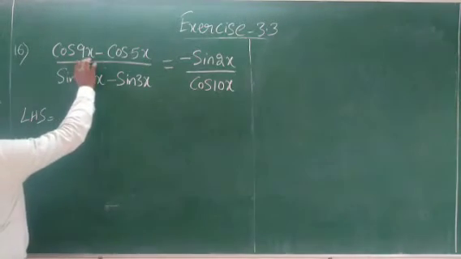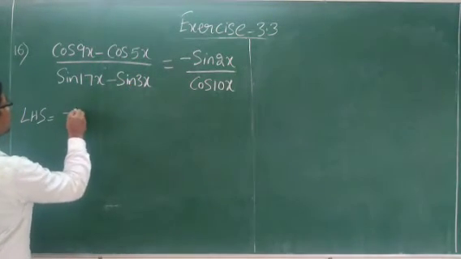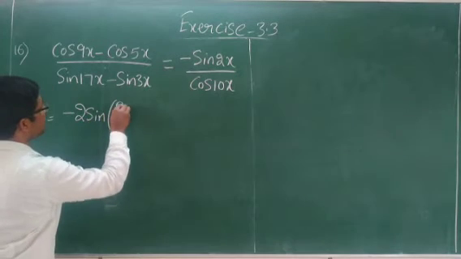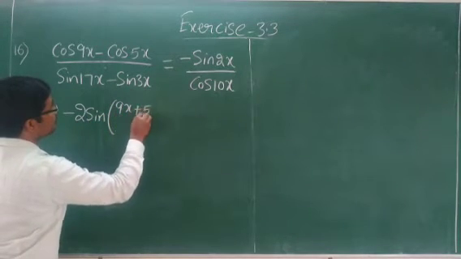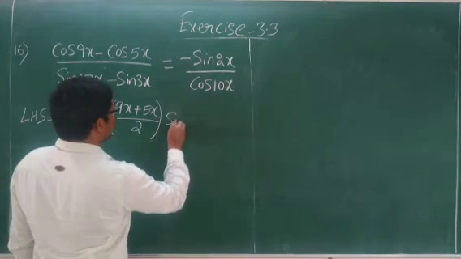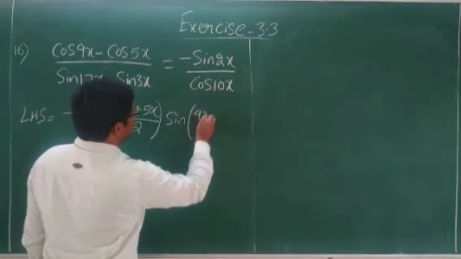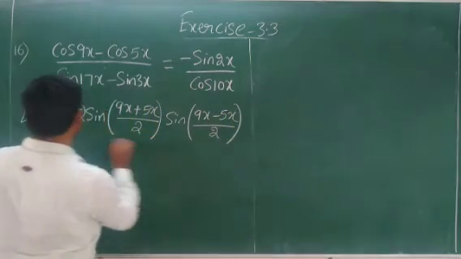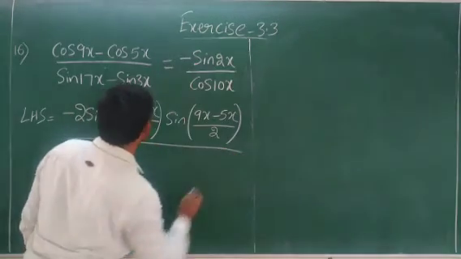Now we are using cos x minus cos y, which is minus 2 sin of (x plus y) by 2 into sin of (x minus y) by 2. That is in the numerator.